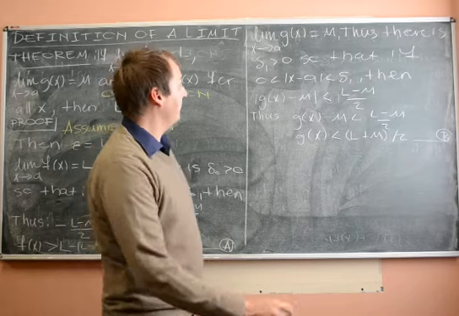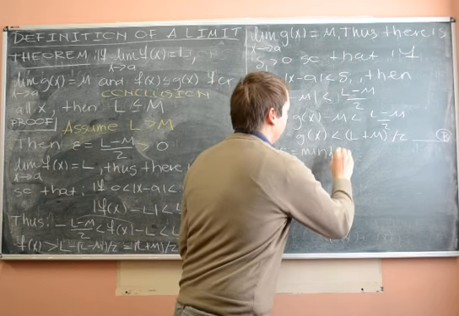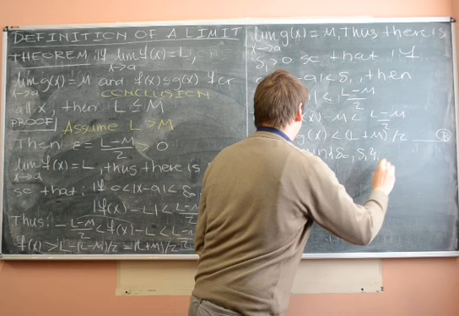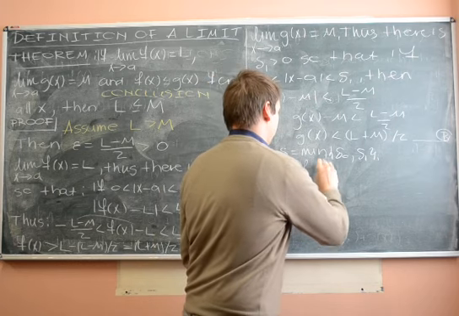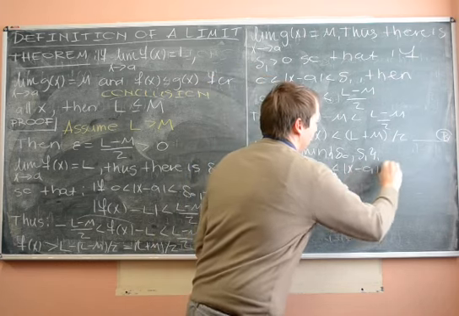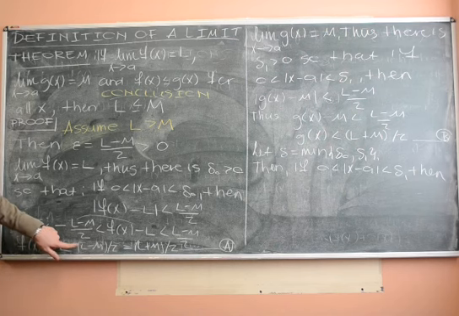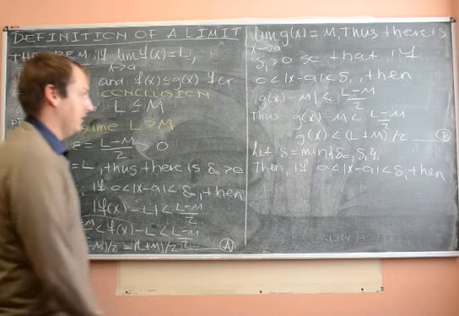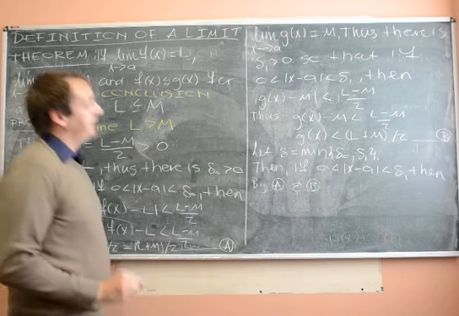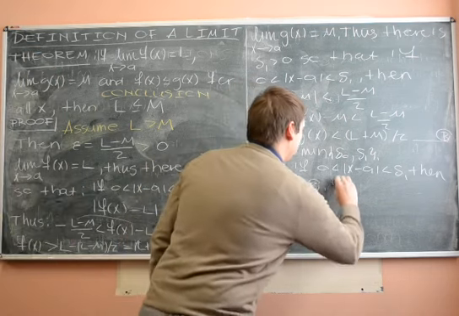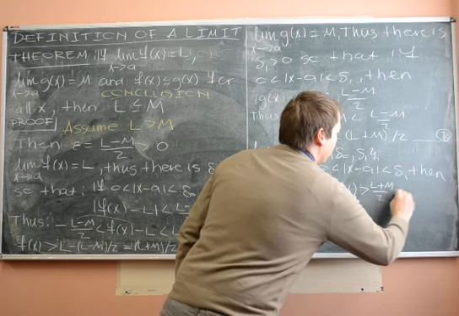Now, if we let delta be the minimum of delta 0 and delta 1, then if absolute value x minus a is less than delta, then by A, because delta is less than delta 0, and by B, because delta is less than delta 1, we get f of x bigger than L plus M over 2, and that's bigger than g of x.